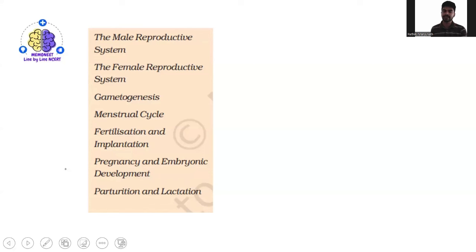What we will be concentrating on in this chapter is the male reproductive system, its parts and functions, and the female reproductive system. Then we also concentrate on gamete formation, that is gametogenesis, where both male and female, spermatogenesis and oogenesis, we are going to discuss. And the very important event that is the menstrual cycle. Where does the menstrual cycle happen? Inside the female, right?